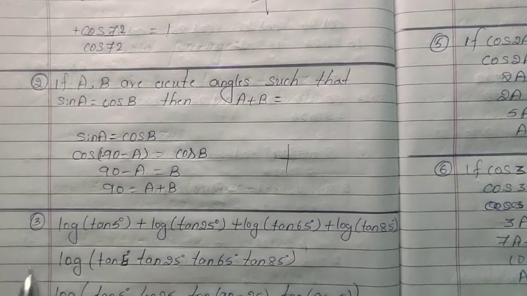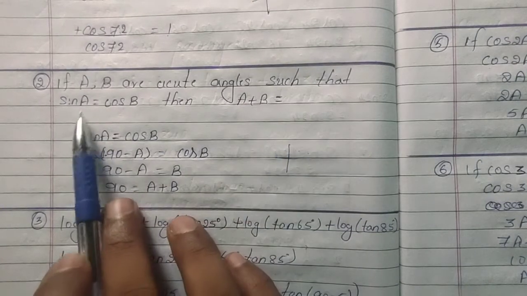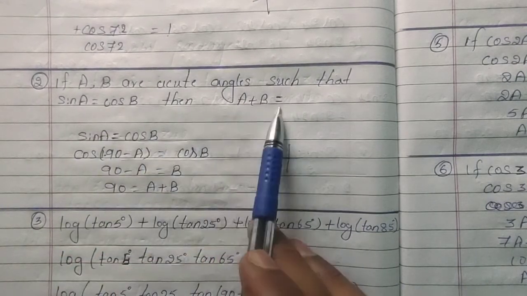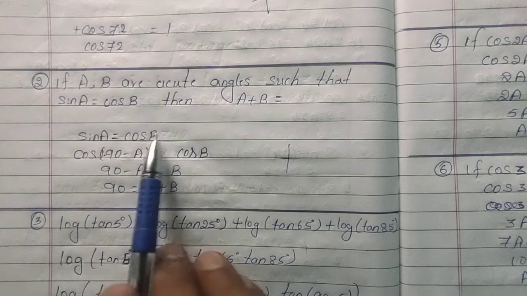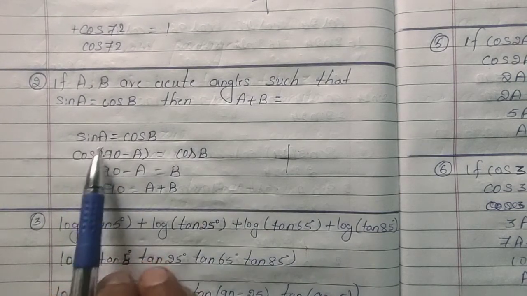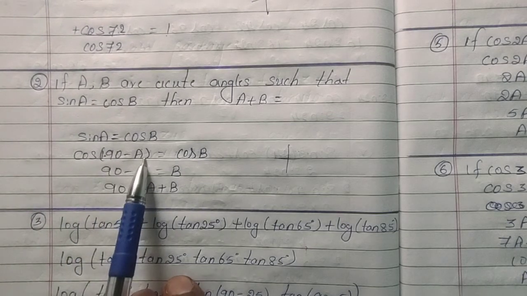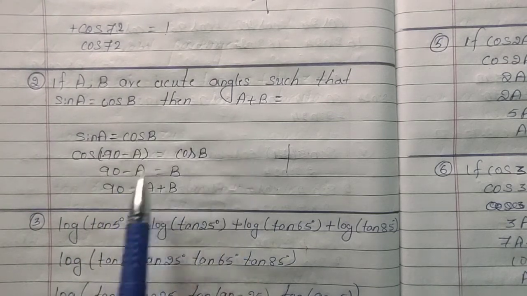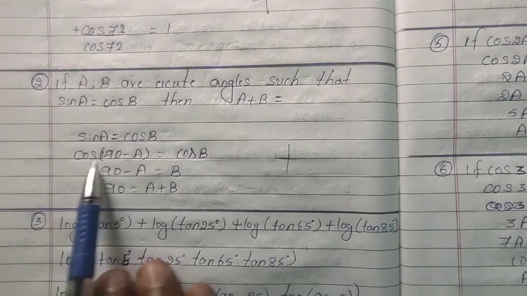Next, second question. If A and B are acute angles such that sin A equals cos B, then what is A plus B? Sin A equals cos B. Okay students, this sin A, can I write cos of 1 into 90 minus A? A is nothing but theta. How, sir, are you writing sin A like this?